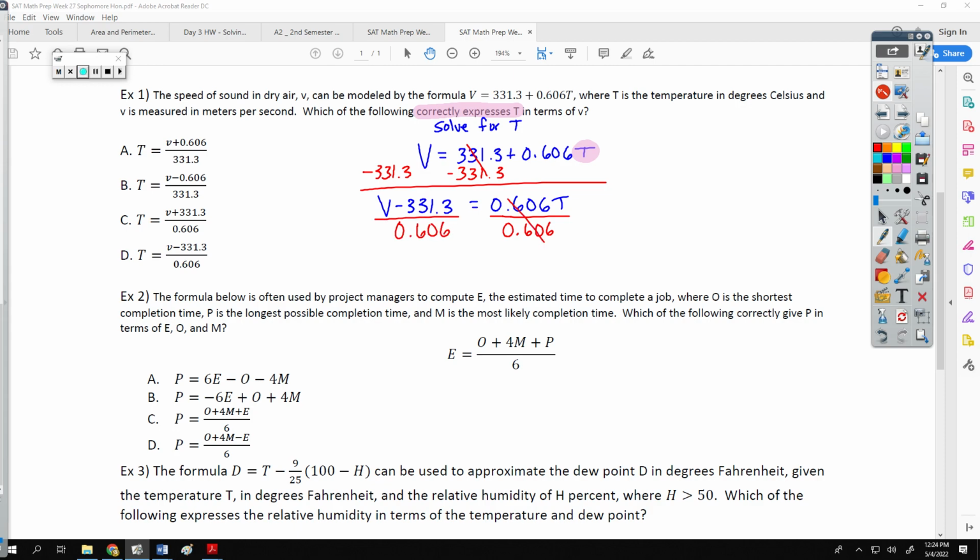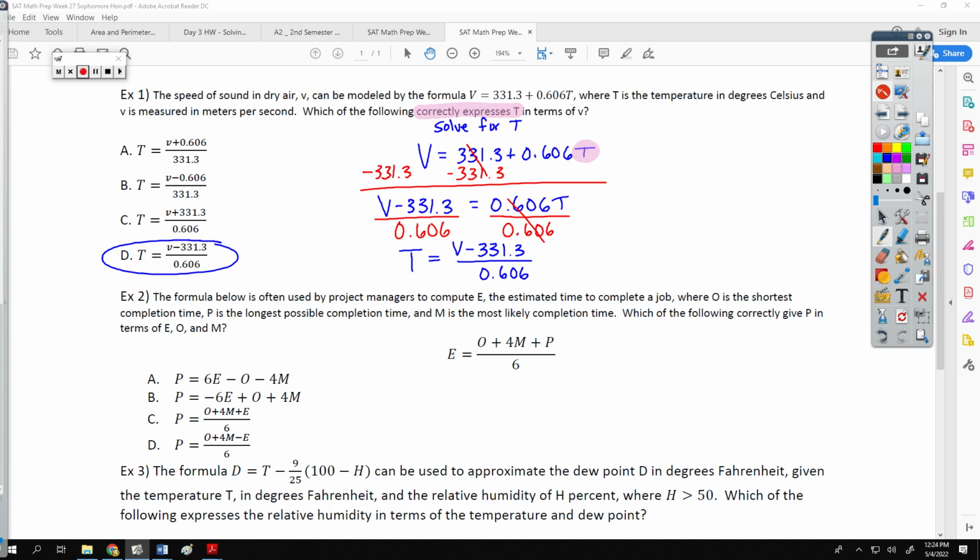We're not actually going to carry out that division, we're just going to write it as division. So T is equal to V minus 331.3 divided by 0.606, which is option D, the correct answer.